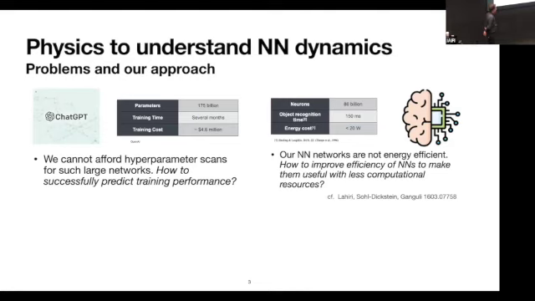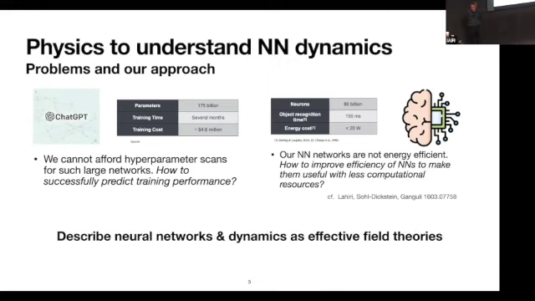And in this regard, this has obviously been a long-standing problem in this community: the question, how do we improve the efficiency of neural networks? The idea and overall scheme is that we want to describe neural networks and their dynamics as effective field theories.